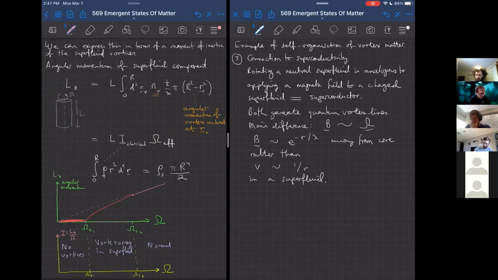And so that means that the properties of the vortex lattice in a superconductor are slightly different than what happens in a superfluid, but the same thing is true.